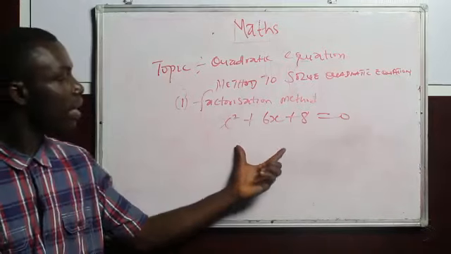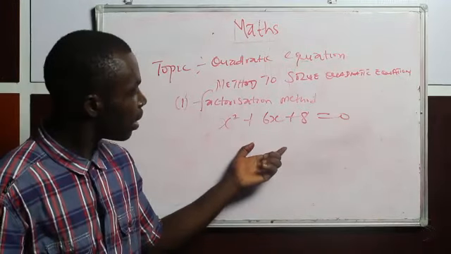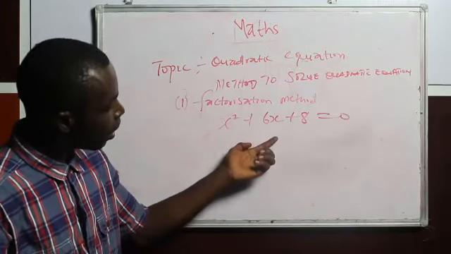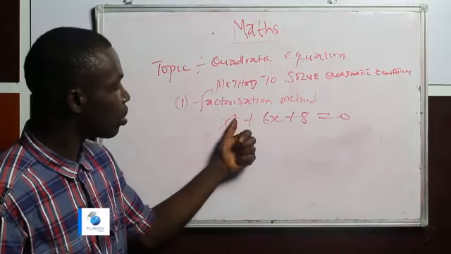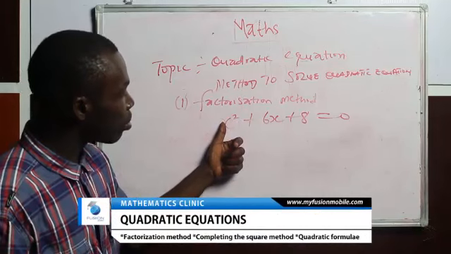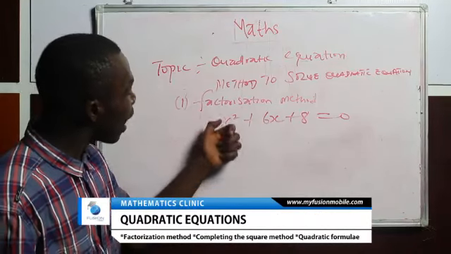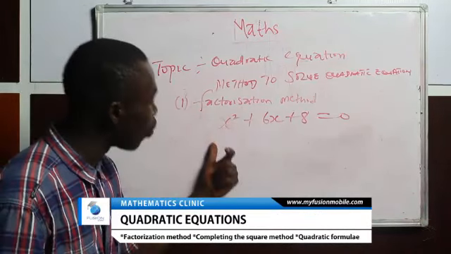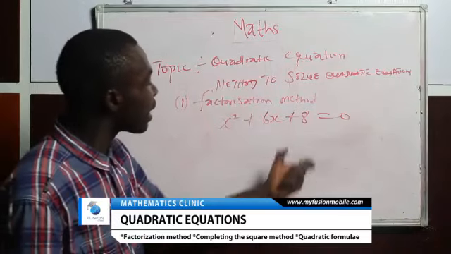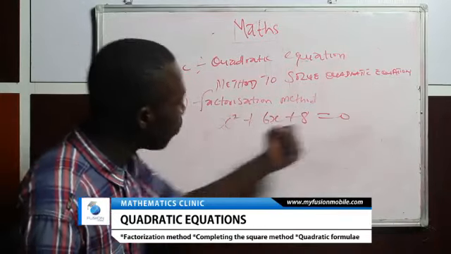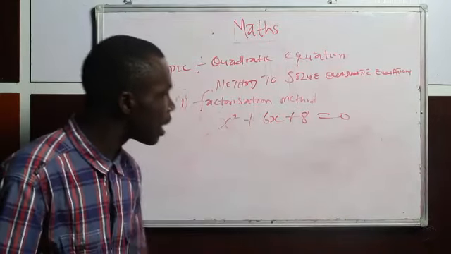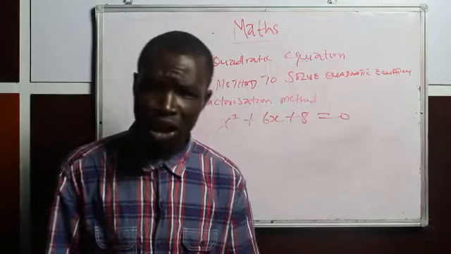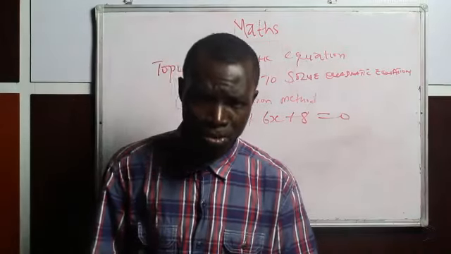This is a quadratic expression because the power of x is 2. We satisfy ax squared, and the coefficient of x squared is 1. We said that a, b, c are numbers, and this is 1, this is 6, this is plus 8. How do we solve this question using the factorization method?